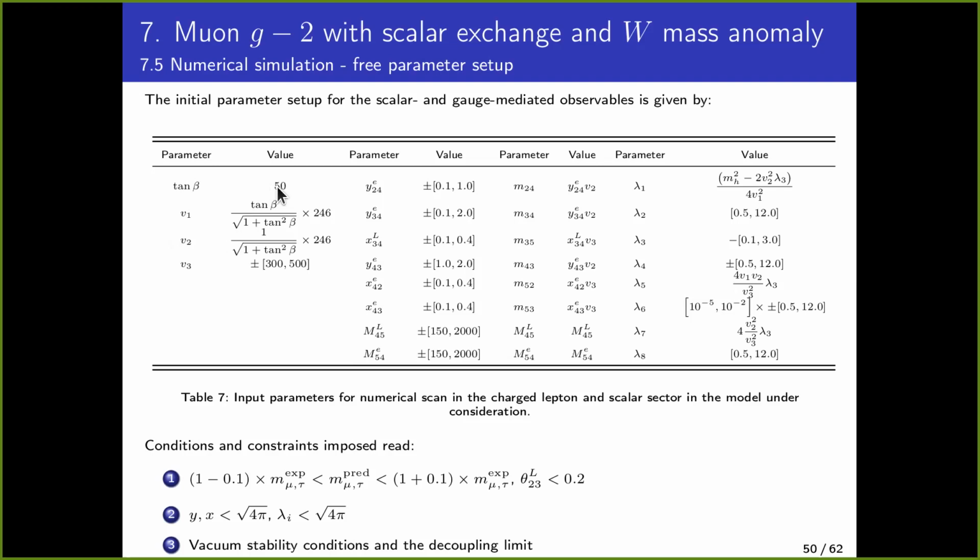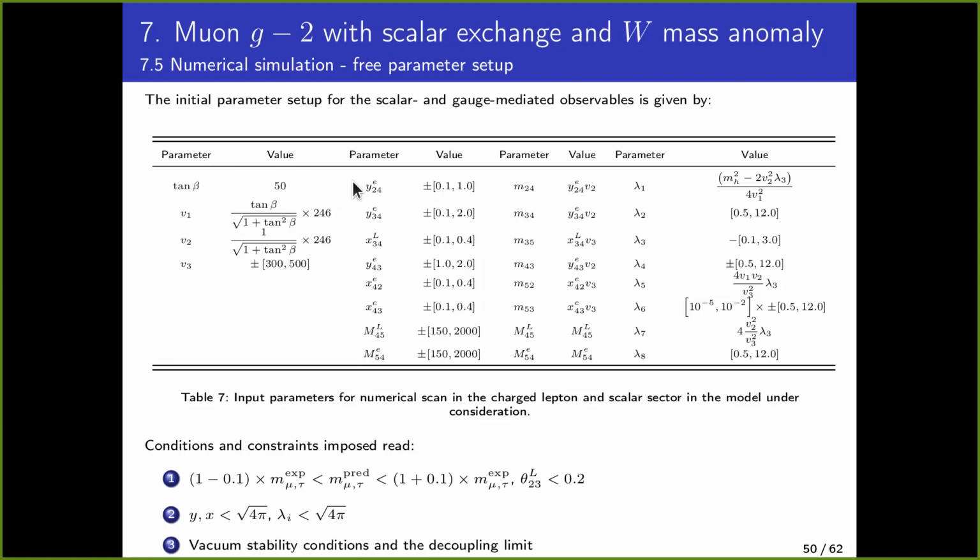Because if this value is, for example, 10 or another value, this B2 becomes much heavier than the 5, and the Yukawa constant related to the muon mass with scalar exchange will be much more suppressed, which makes it much more difficult to explain the muon mass. Therefore, this is a preferred choice in our model.